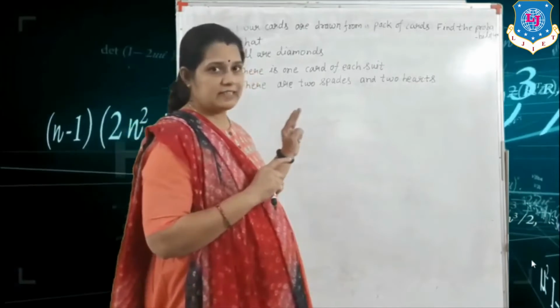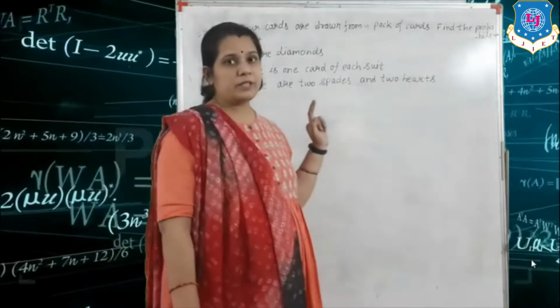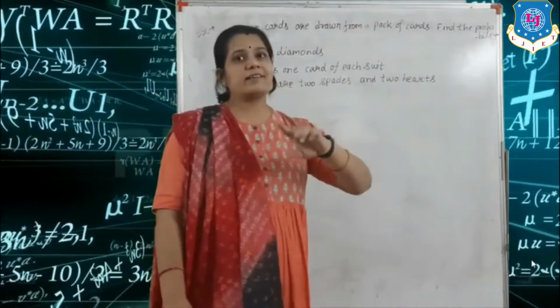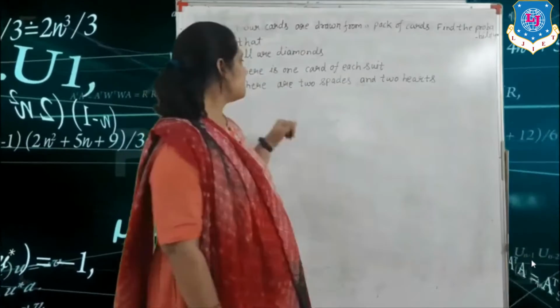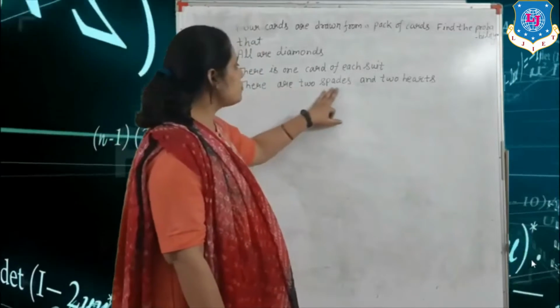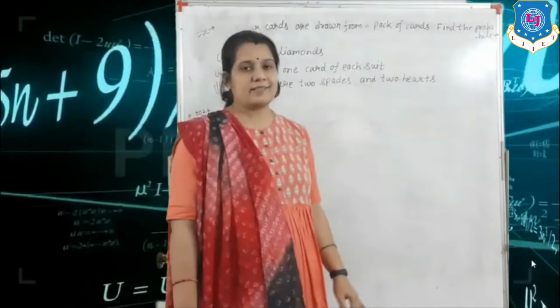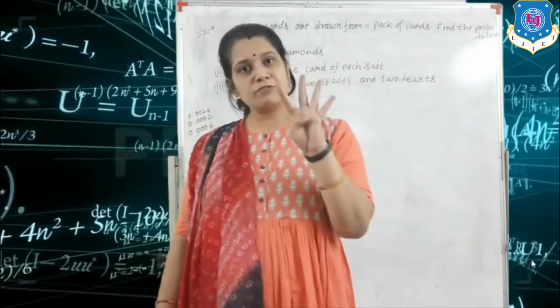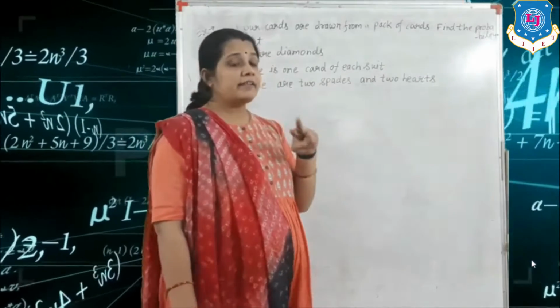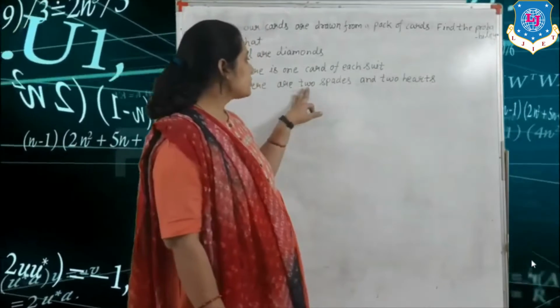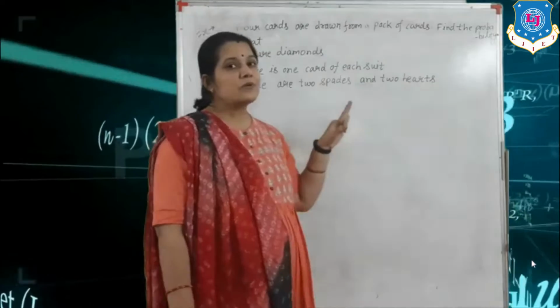Got it? And the third one is that there are 2 spades and 2 hearts. That means we select a total of 4 cards, but we find the probability of getting 2 spades and 2 hearts.